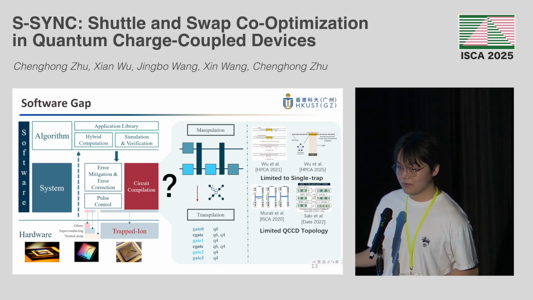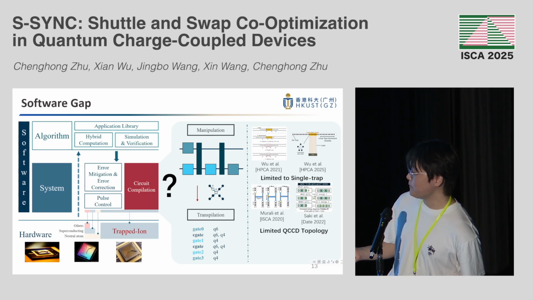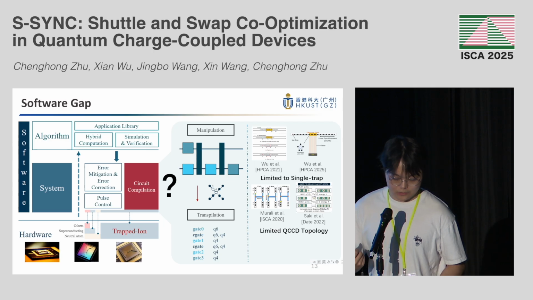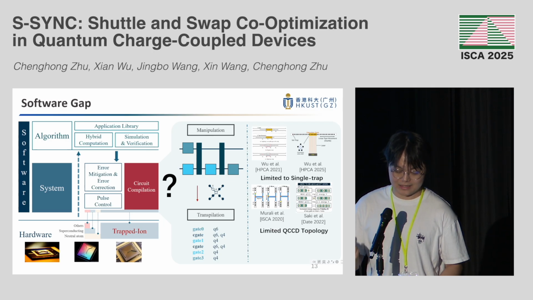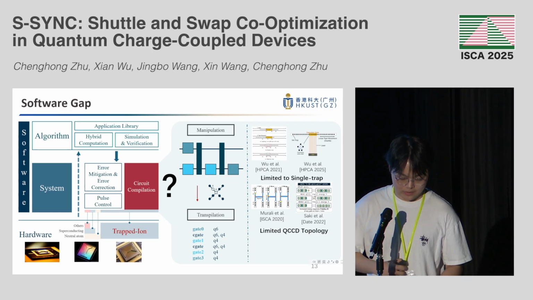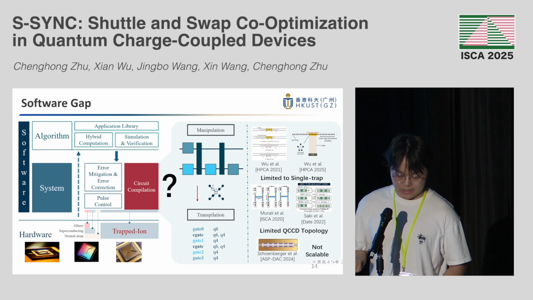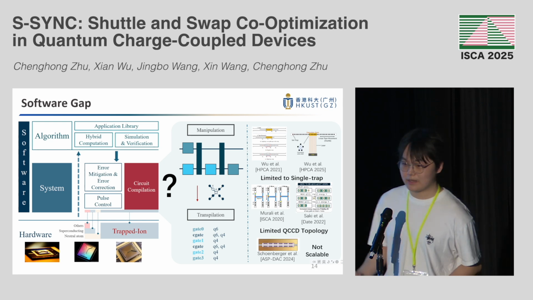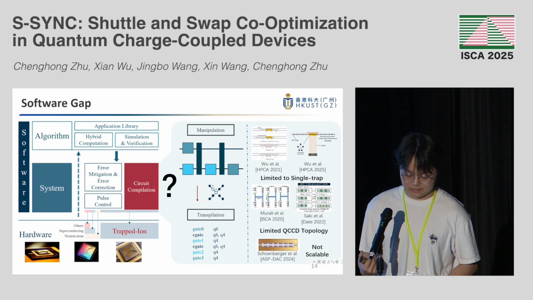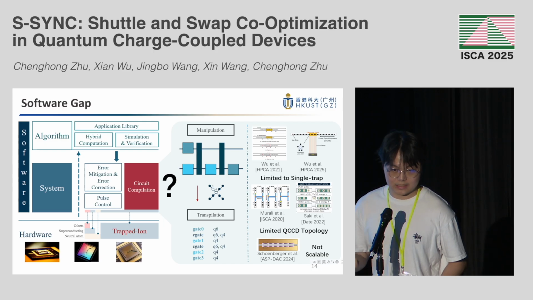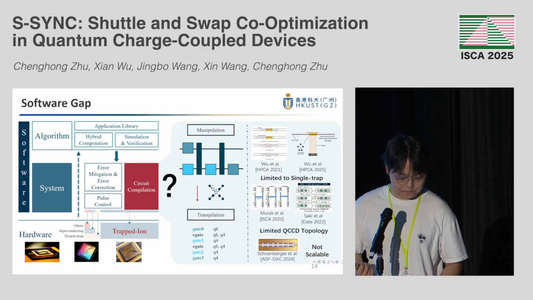So they have not attempted to empower the compiler's ability in reducing the shuttle operations. And some SAT methods have also been proposed, but they may have limited scalability in these cases.